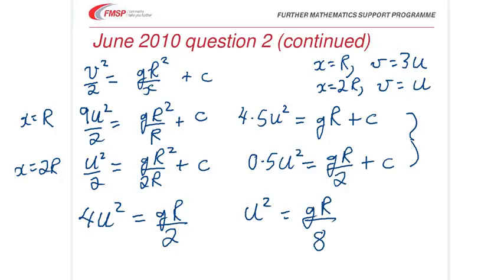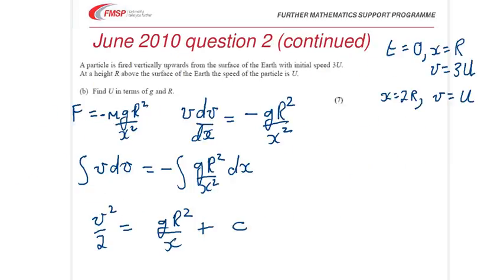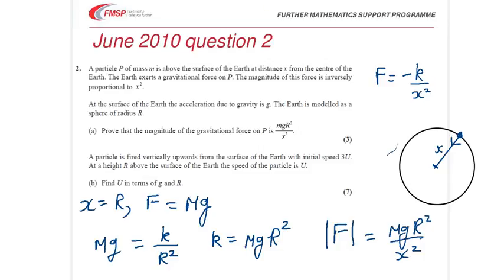So that's that question finished. Just look at the mark allocation for a minute. For the first part, finding k effectively and finding the magnitude of the force, there was an M1 for writing the correct expression for F, and an M1A1 for putting that in and getting that.